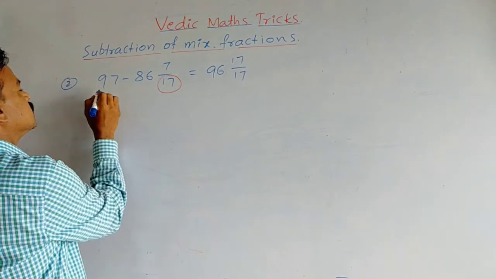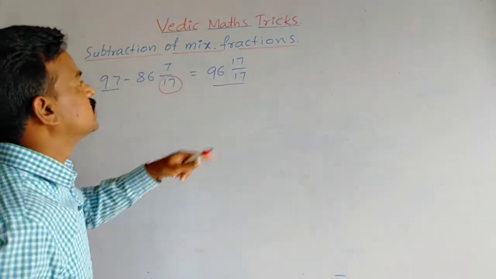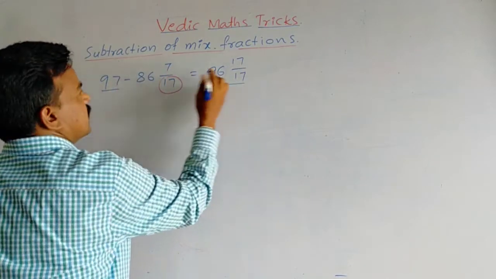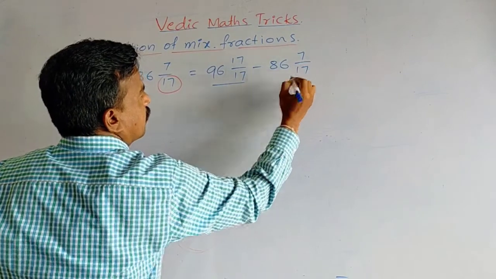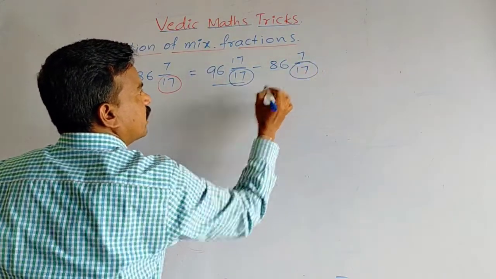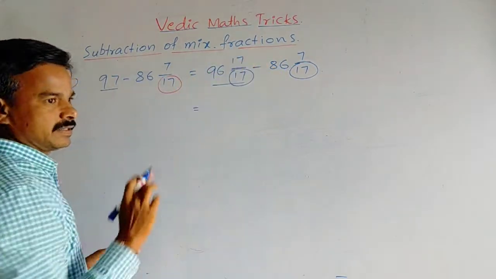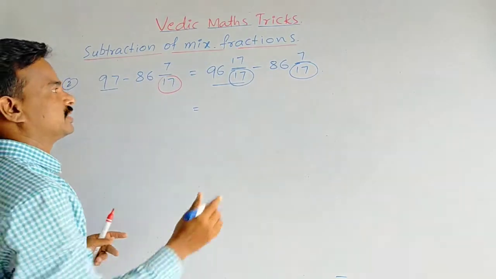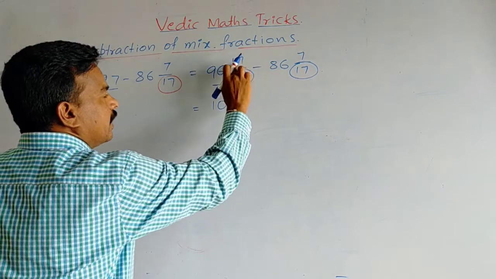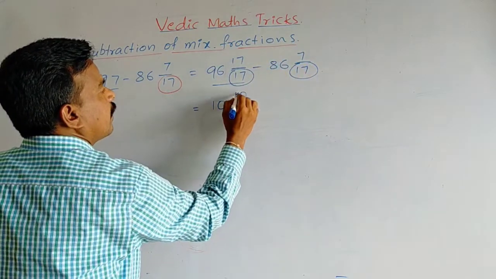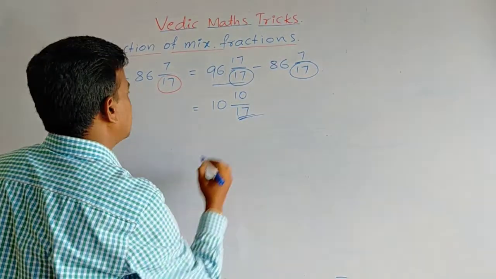We write it like this: 96 17 by 17 minus 86 7 by 17, and the denominators are the same. Next, 96 minus 86, subtraction of integral parts, is 10. The numerators: 17 minus 7, 10 by 17. Denominator the same, 17. So this is the answer.